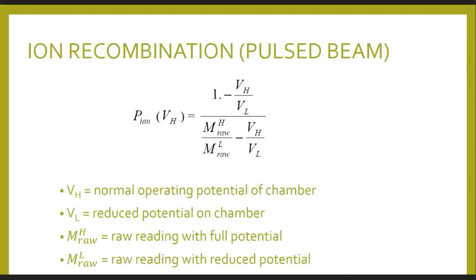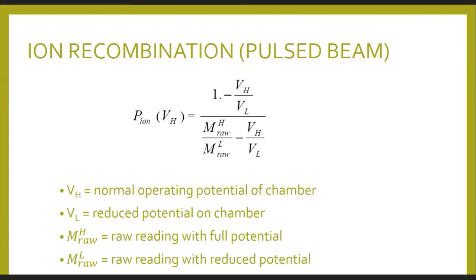The second correction factor, the ion recombination correction, accounts for the inefficiency in collecting the charge that is generated in the air cavity of the ion chamber. It uses the two-voltage method: the high voltage, the normal operating potential, and the reduced potential value.